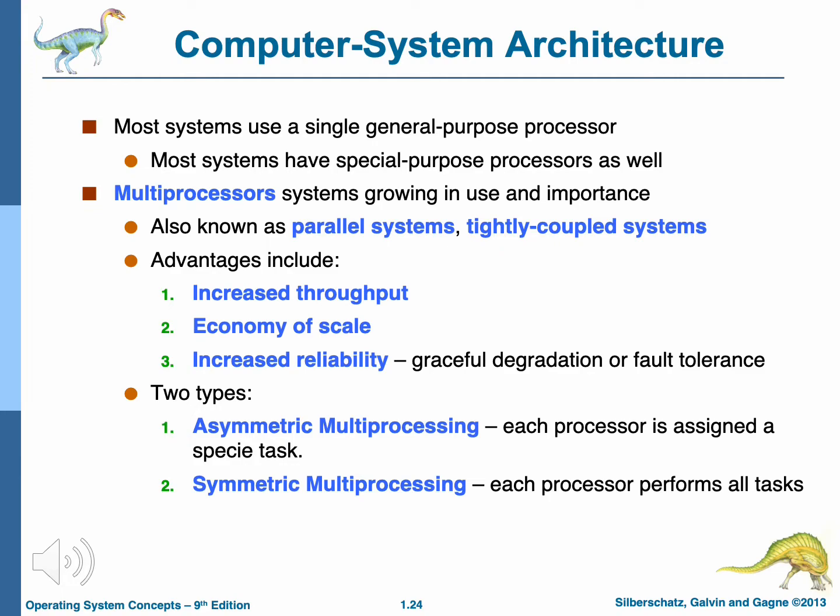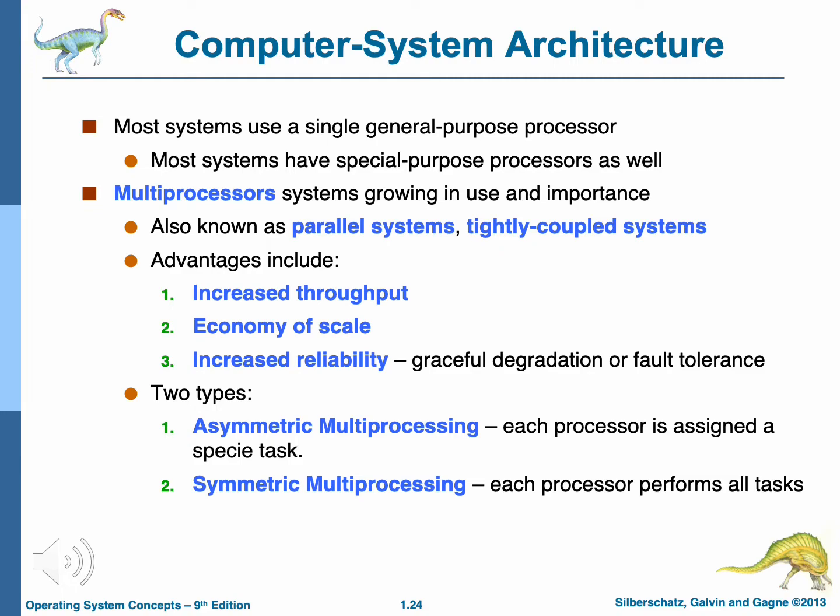Computer system architecture. In the previous section, we introduced the general structure of a typical computer system. A computer system can be organized in a number of different ways, which we can categorize roughly according to the number of general-purpose processors used.